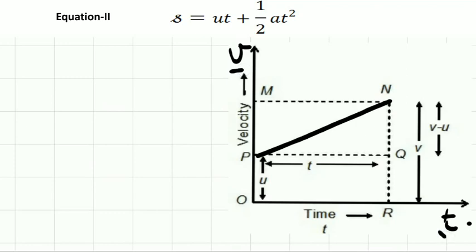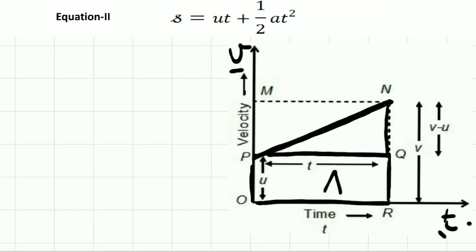The area under the velocity time graph is displacement. This is the velocity time graph. The area under the velocity time graph, two areas are here. One is this triangle and another is this rectangle.